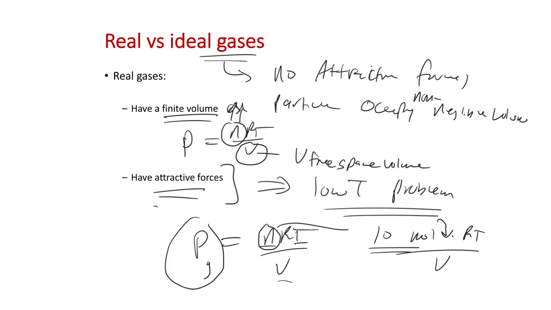But if you go to a set of pressures with the ideal gas law where you calculate a pressure of a couple hundred atm, at that pressure you're going to have a significant portion of the volume being occupied by the actual particles of the gas, and that's going to lead to an error in the volume part of our equation. We want to plug in the free space volume, and if we plug in the true free space volume, we're going to see that we get a different pressure, and that the ideal gas law pressure is going to be skewed.